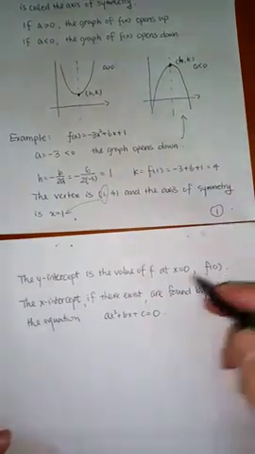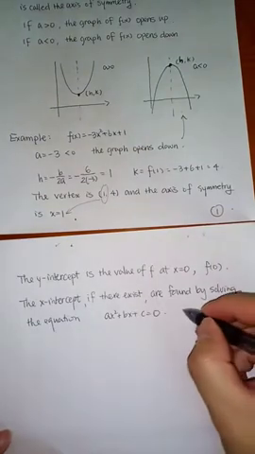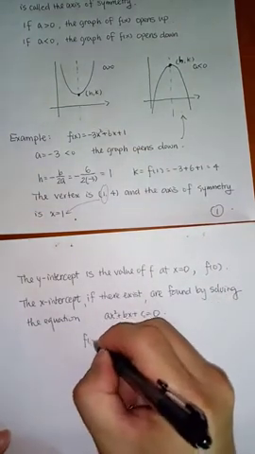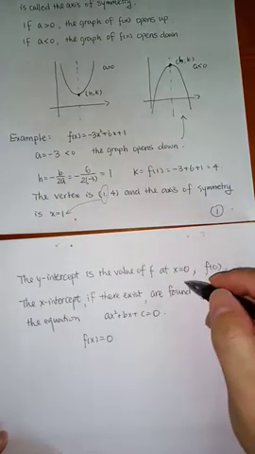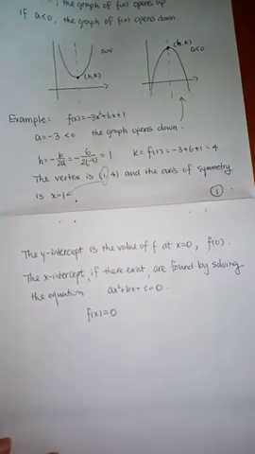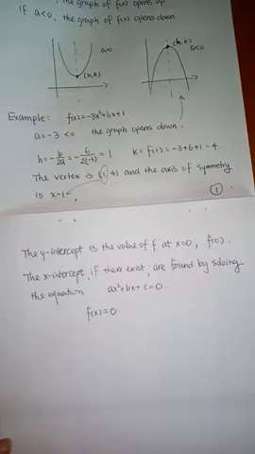So technically, the x-intercepts are the solutions of f(x) equal to 0. For an x-intercept, y is 0. For a y-intercept, x is 0. Okay? So they are the intercepts.